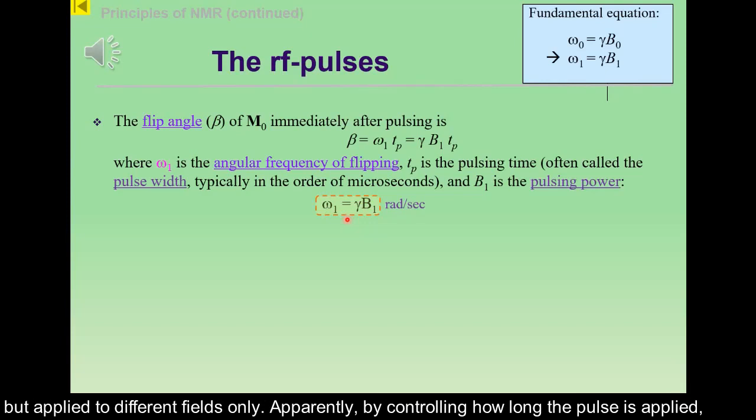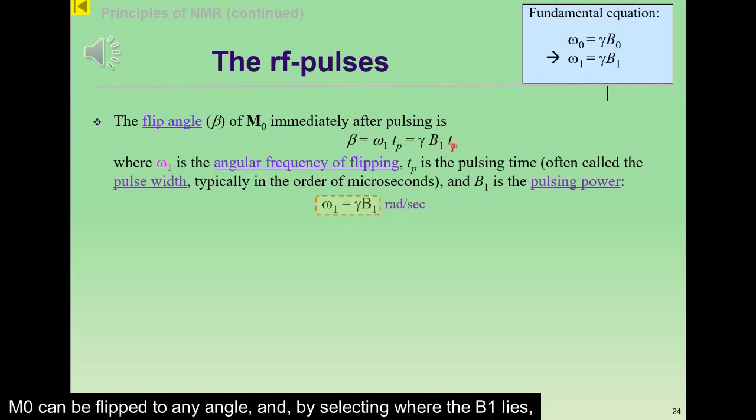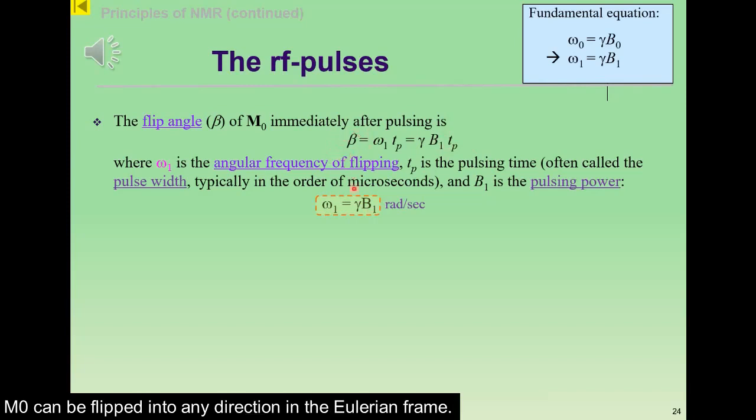Apparently, by controlling how long the pulse is applied, M0 can be flipped to any angles, and by selecting where the B1 lies, M0 can be flipped to any direction in the Eulerian frame.